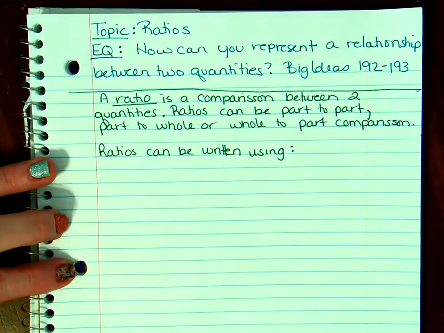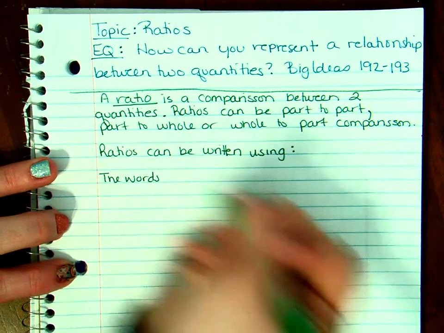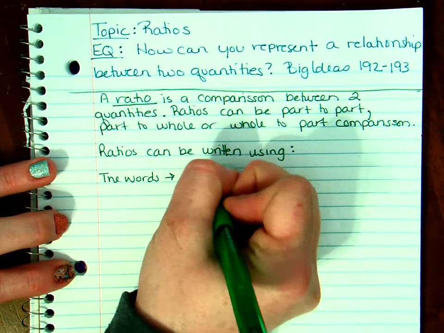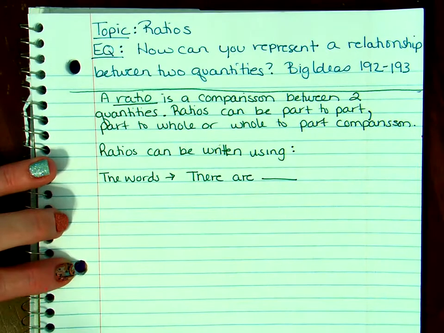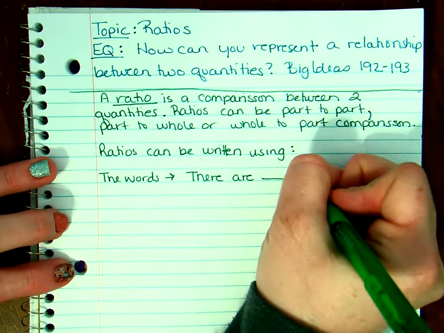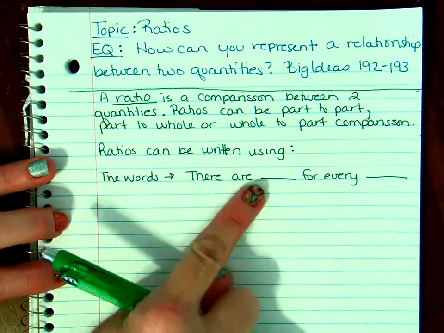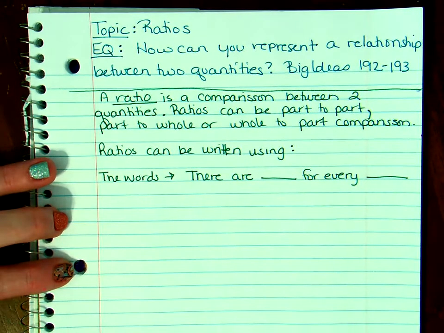So you can either use the words there are blank for every blank. So you would fill in those blanks. So there are 6 dogs for every 12 cats. Okay? So you can use it in the words.